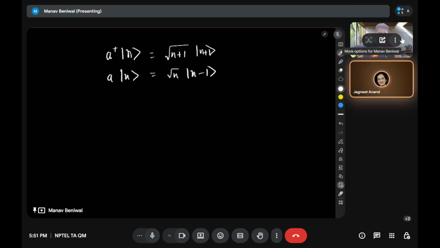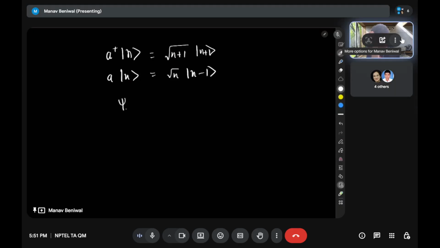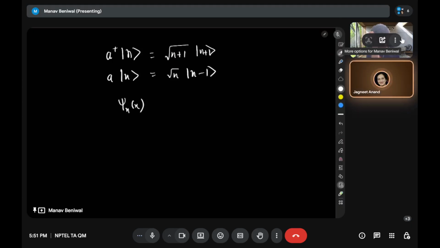And the other doubt was how to derive psi n of x, that is, psi n of x is equal to bra of x, ket of n. How do we get this?